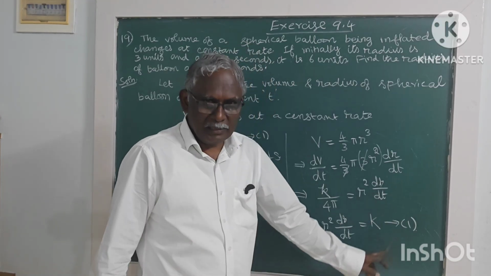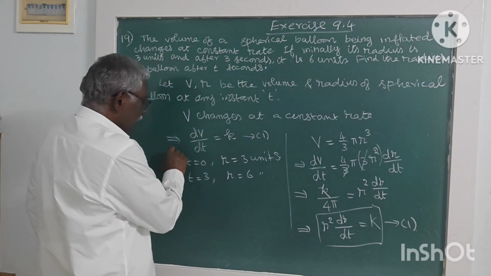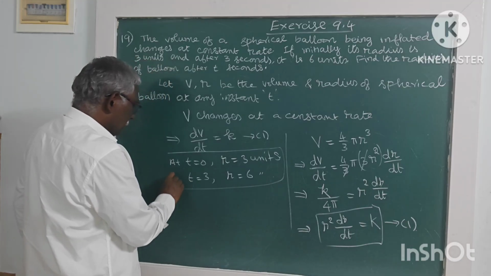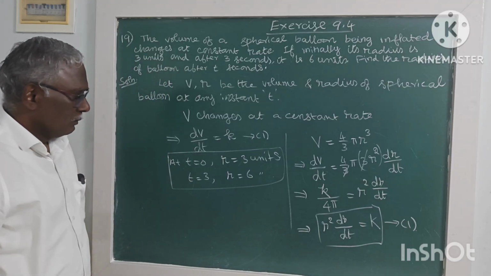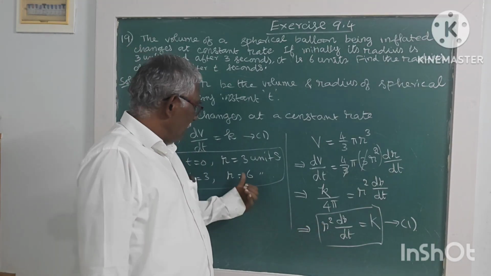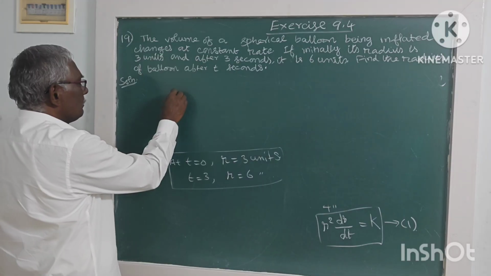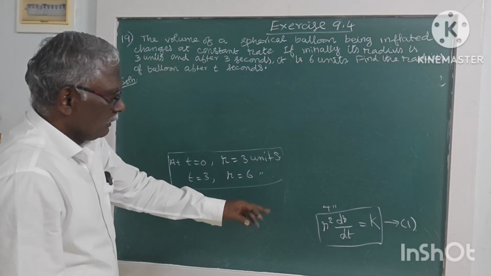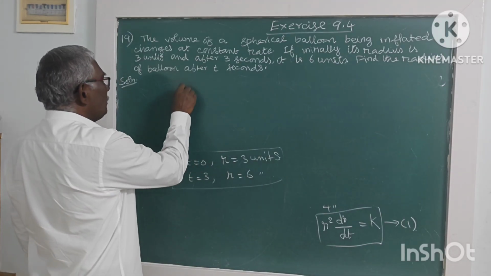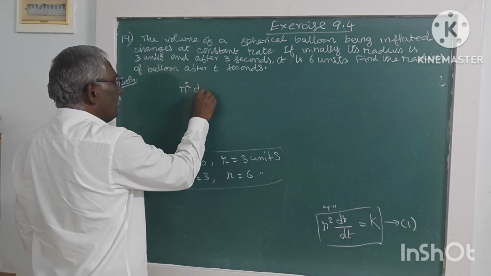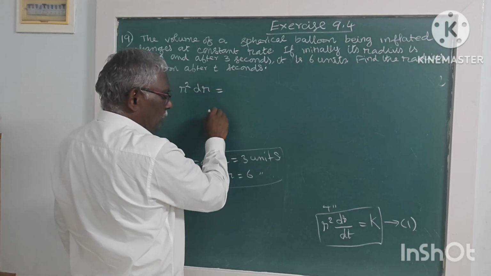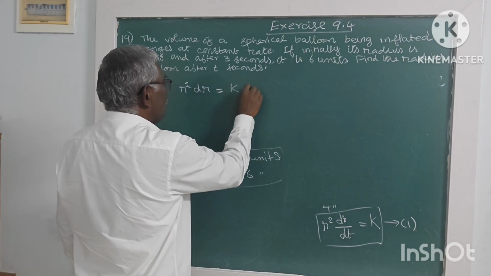Now this is the differential equation and these are the conditions. So we have to integrate this and apply the conditions. We can rewrite it as r square dr is equal to K dt.